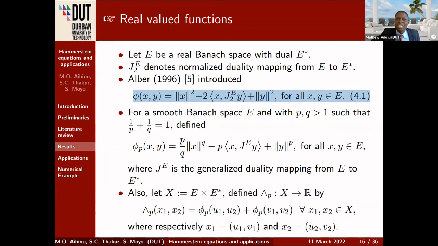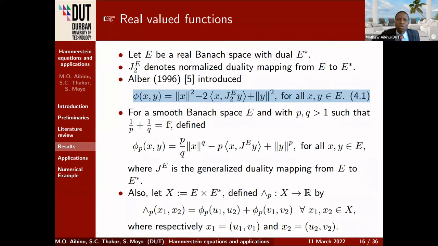Then for a smooth Banach space E and with p, q greater than 1, so that this condition holds, we introduce this map phi_p, which is defined as this. Here J_E is the generalized duality mapping, but J in the definition of Alber is the normalized duality mapping. That shows the extension of this map, a generalization of this definition over that of Alber, which was introduced in 1996.